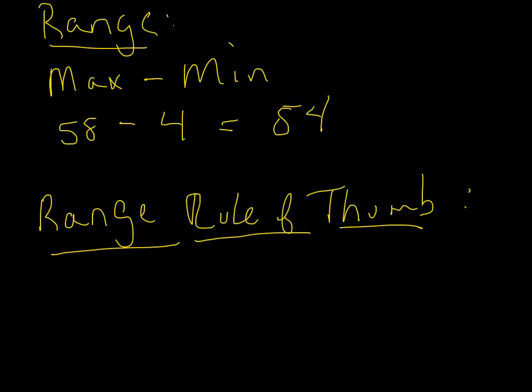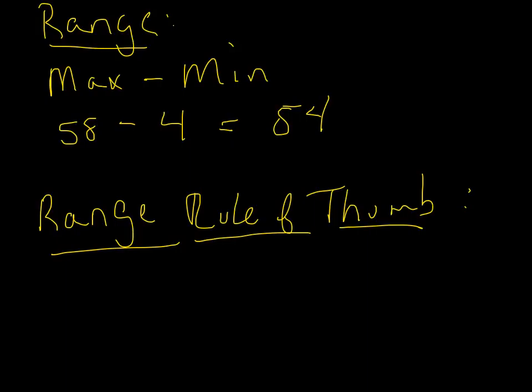And with the range, we can use the range rule of thumb. Now the range rule of thumb is an estimate of the standard deviation, and it generally should only be used if the book tells you to use it in lieu of the standard deviation, because it generally has a little bit too much error to really be used as a standard deviation, but we'll calculate it anyway.